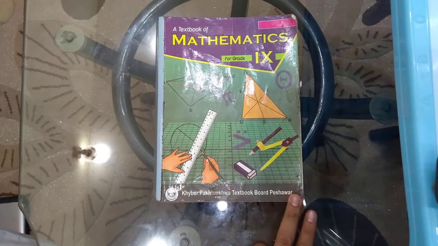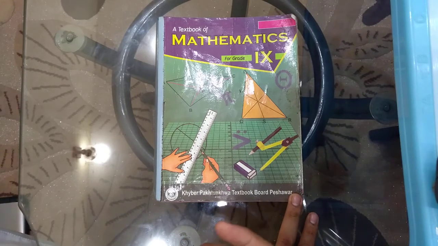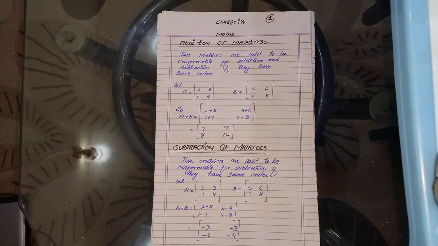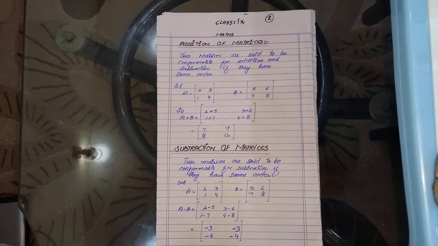Now student, today we are going to start with exercise 1.3, but before starting 1.3 we have to discuss what are the rules to add or subtract two matrices. Students, same as equality of two matrices, the rules are mostly the same for addition of two matrices.